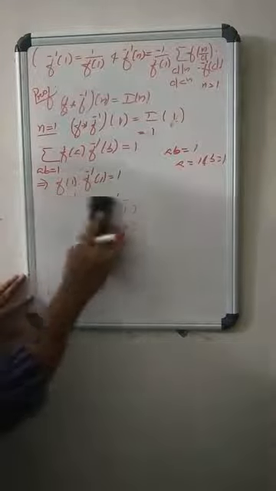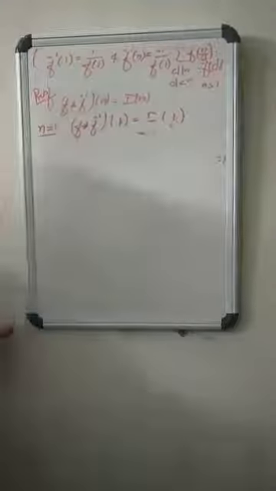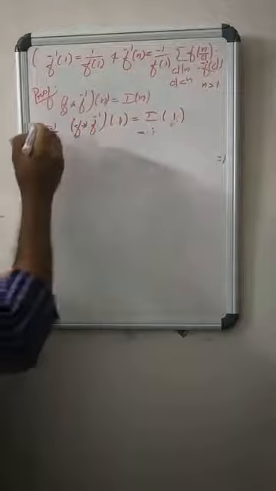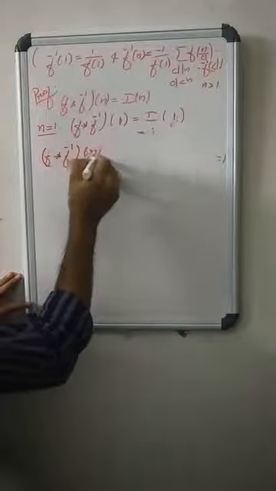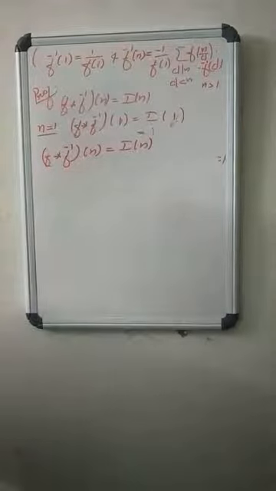Now we suppose that the function values f inverse k have been uniquely determined for all k less than n. Then we have to solve the equation f star f inverse of n equals I of n.